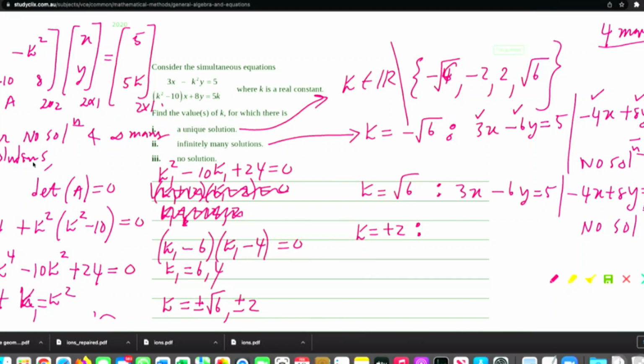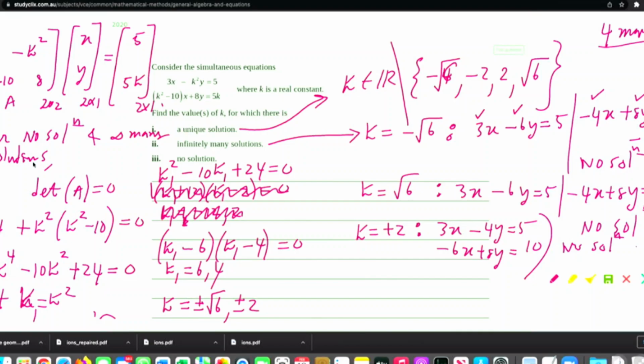When you put plus 2 here, you get 3x minus 6y is equal to 5, and the other one would be minus 4x plus 8y is equal to 20. Here again, no solution.